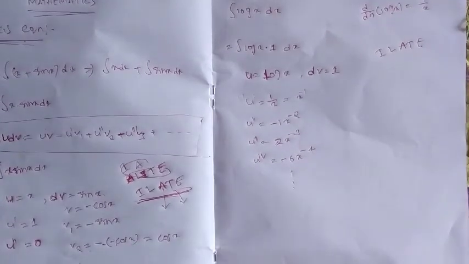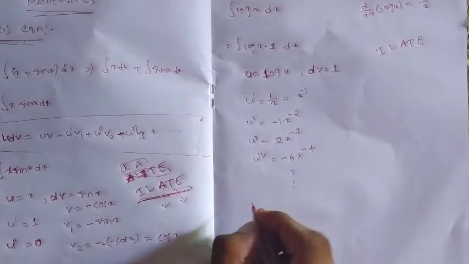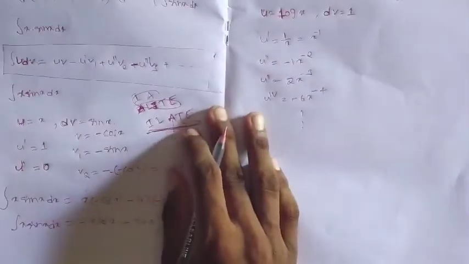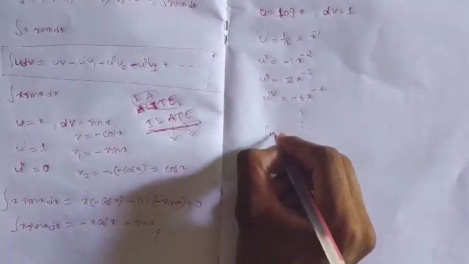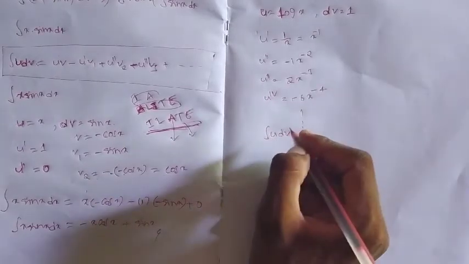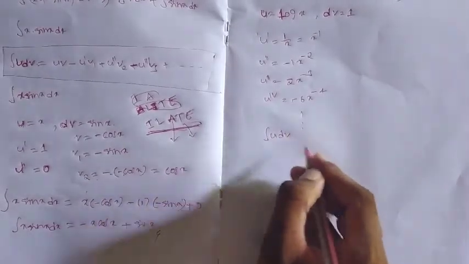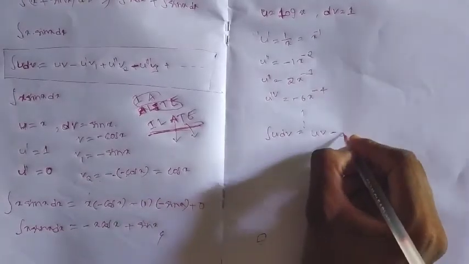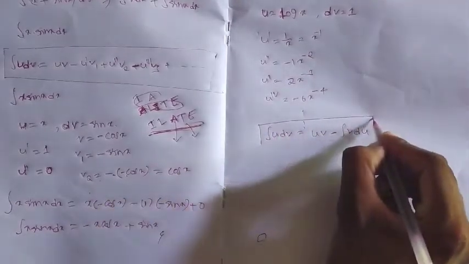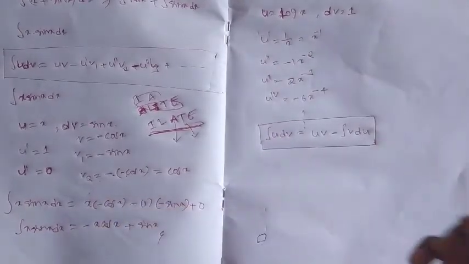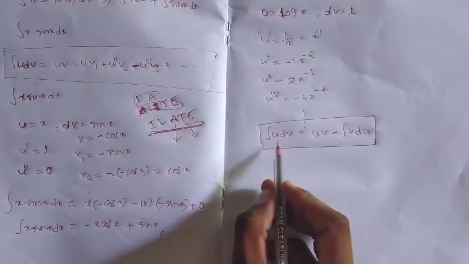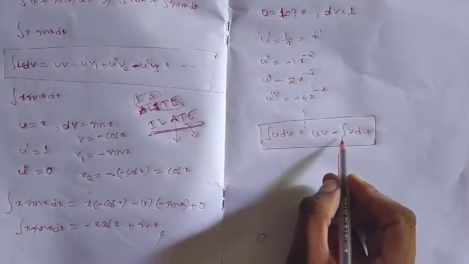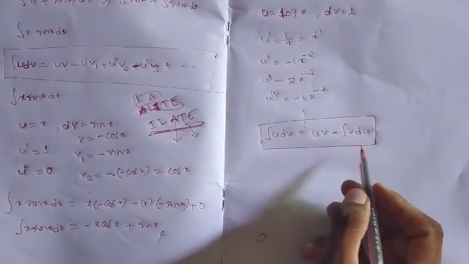So we have one more formula, that is integration of u dv is equal to uv minus integration of v du.